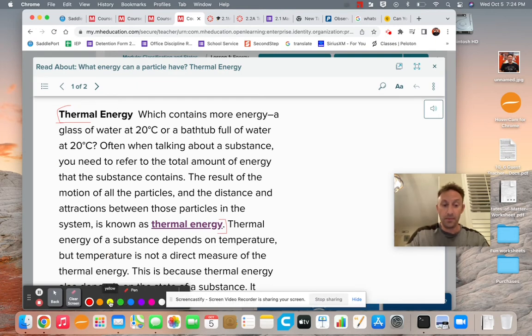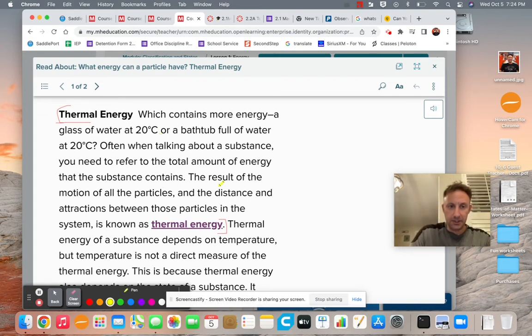All right, so welcome back. Hopefully, this was talking about how much energy there is. If the temperature is the same, whatever has more of the substance is going to have more energy. So if you have a bathtub that's 20 degrees Celsius, but you have a glass of water, the bathtub is clearly filled with more water, and so it has more energy.